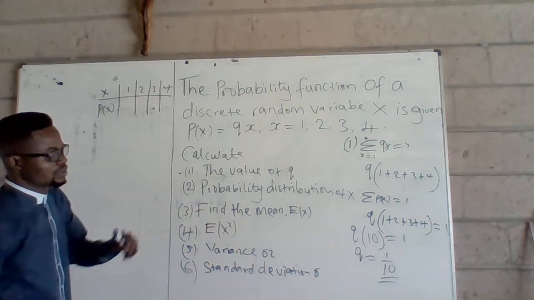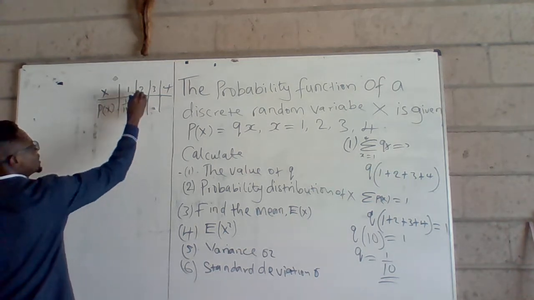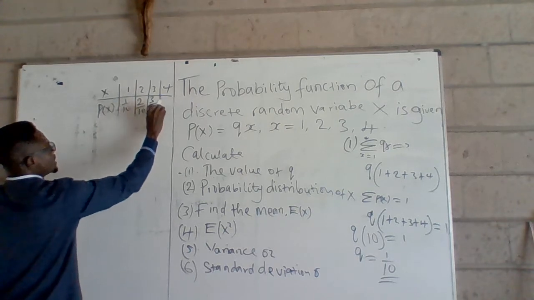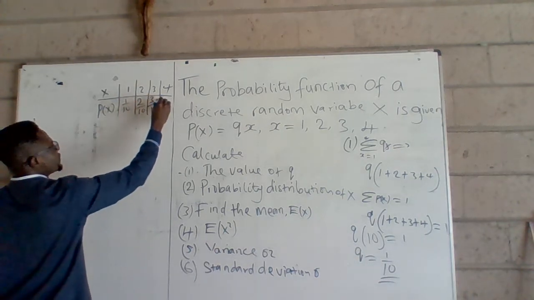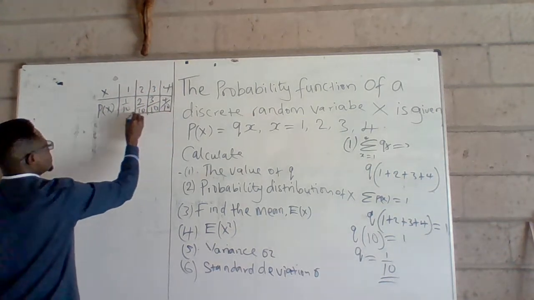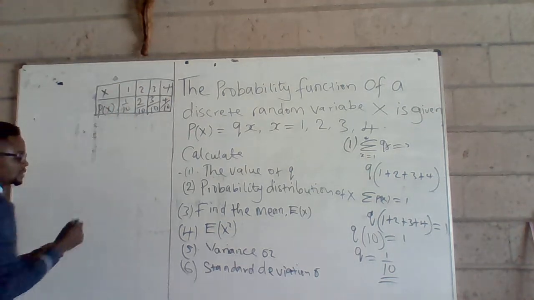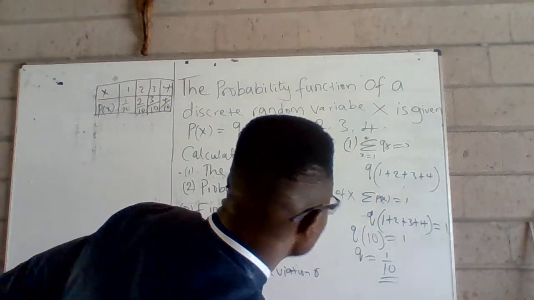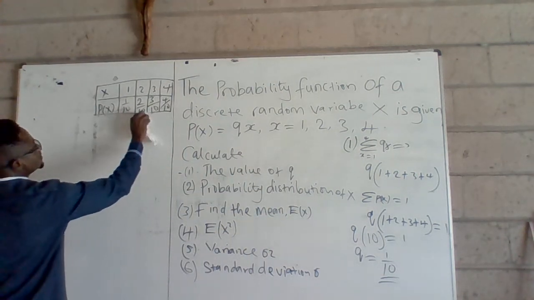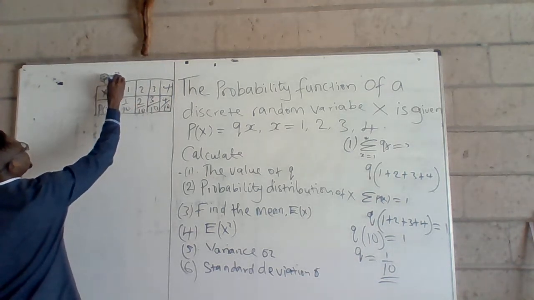We know that q is 1 over 10. So here we have 1 over 10, here we have 2 over 10, here we have 3 over 10, here we have 4 over 10. And this is our distribution table. This is question number 2.